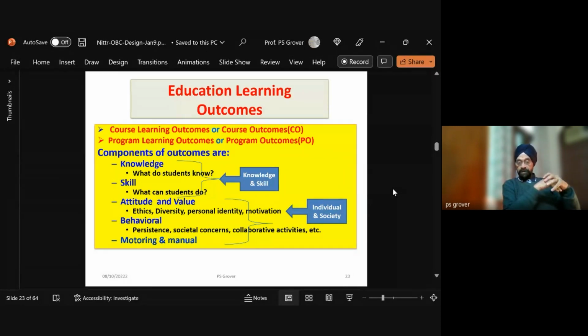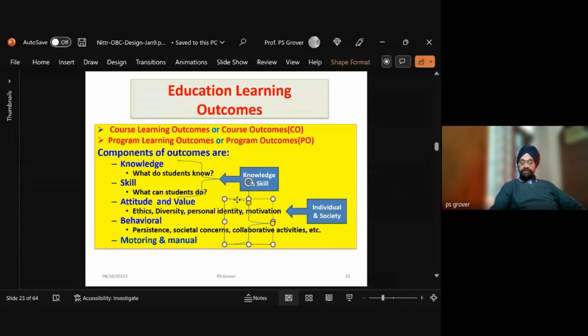The outcomes are knowledge, that is what do students know, skill, what student can do, attitude and value, ethics, diversity, behavior, persistence, societal concern, and then the motoring and manual skills. So individual. So when these things are taken into account, the curriculum that I design takes into account these things.